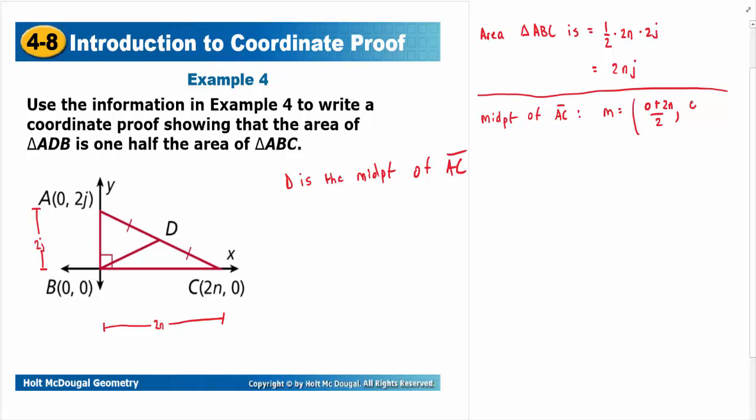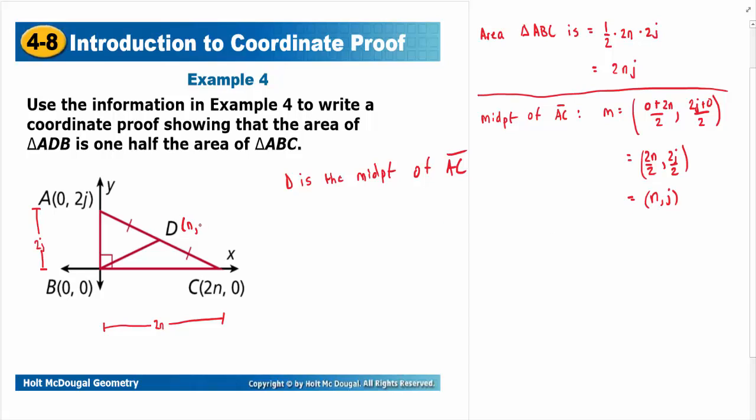Now I'm going to add my y's. So 2j plus 0 over 2. Simplify this out. I get 2n over 2 and 2j over 2. And that equals n comma j.